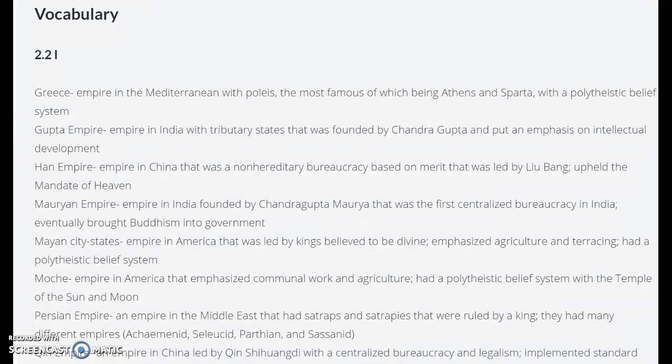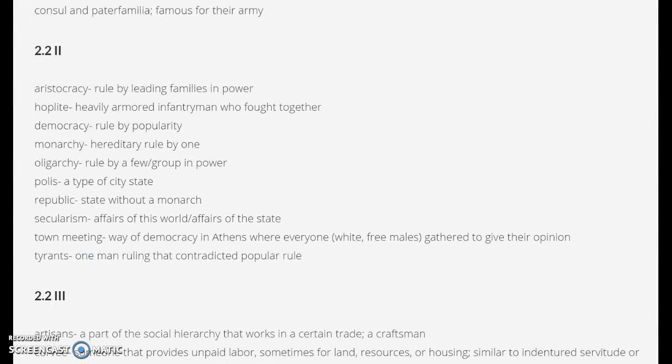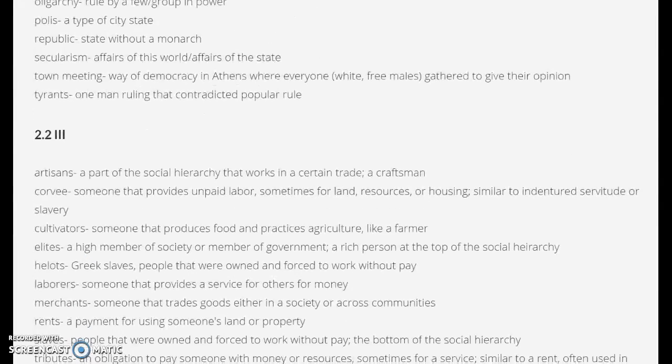These are just some vocab terms. The first Roman numeral is basically about the empires that were there and where they were and what they were about. For the second Roman numeral, it's about the types of government and things that have to do with those types of government.